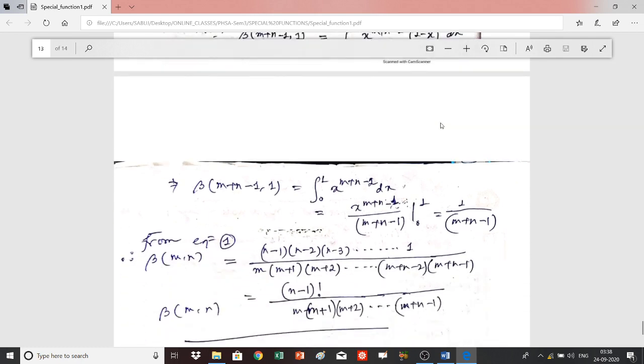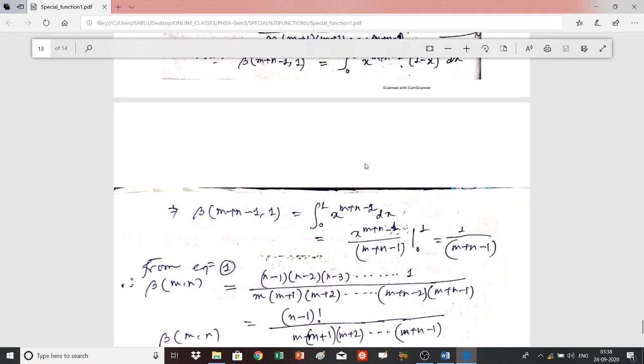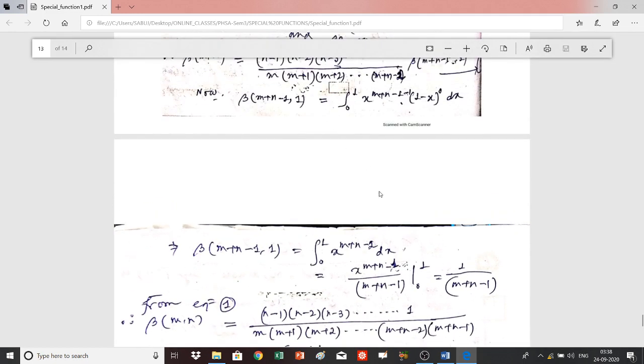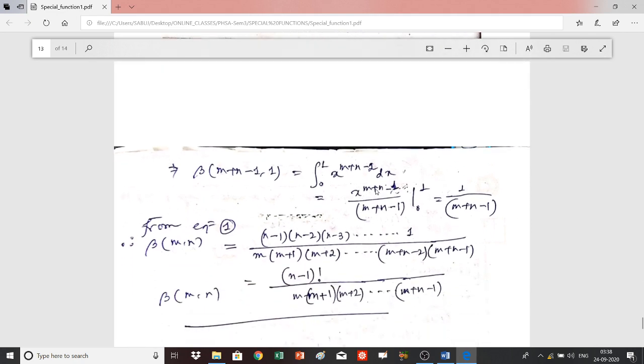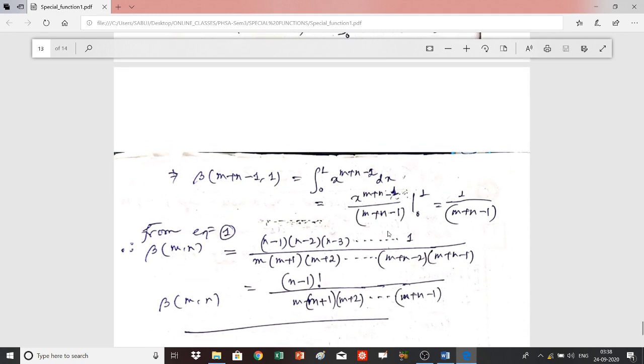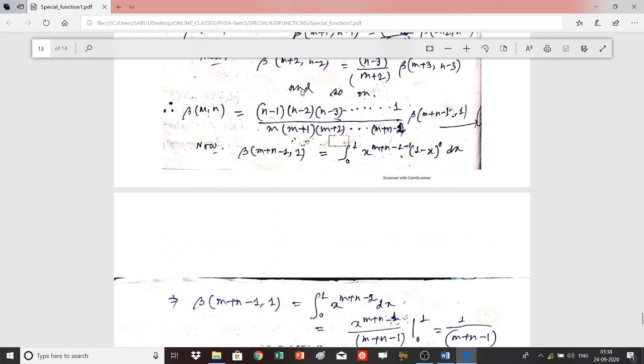So that will give you integral 0 to 1 x to the power m plus n minus 2, dx, and after integration you will get x to the power m plus n minus 1 by m plus n minus 1, 0 to 1, that will give you 1 by m plus n minus 1. Just substitute the value of beta m plus n minus 1 in this expression.